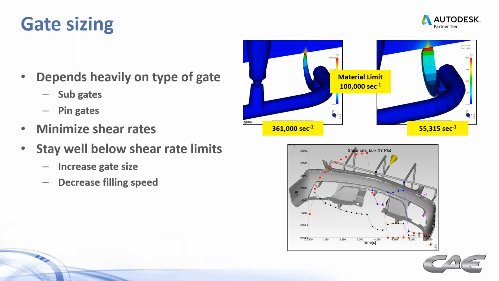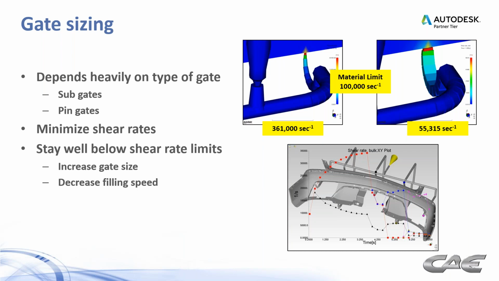gate blush. So our goal in Moldflow is to try to minimize those shear rates in whatever way we can, whether it's through gate sizing, increasing the gate size, maybe it's decreasing the filling speed, but again, trade-off, right? If we decrease the filling speed, we might subject ourselves to the possibility of not filling the part.